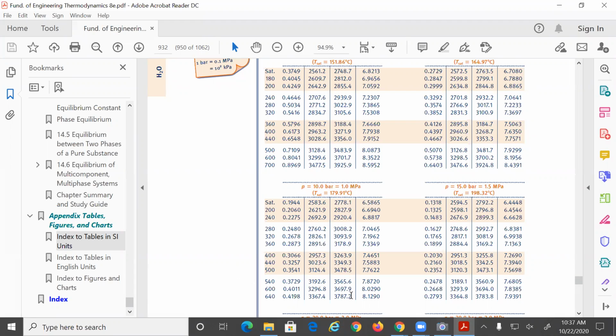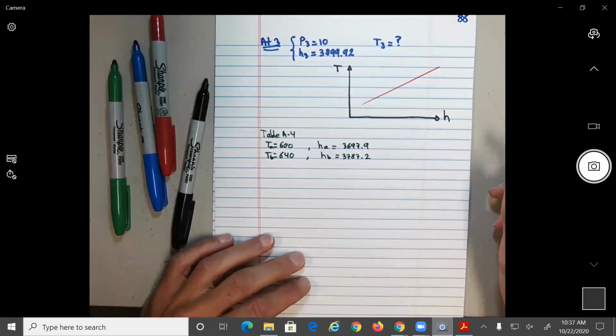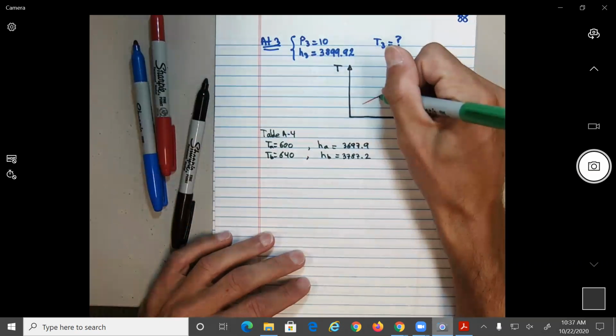At T equals 600, I get HA of 3,697.9, and at T equals 640, I get 3,787.2. Check my values, but yeah, I'm correct.